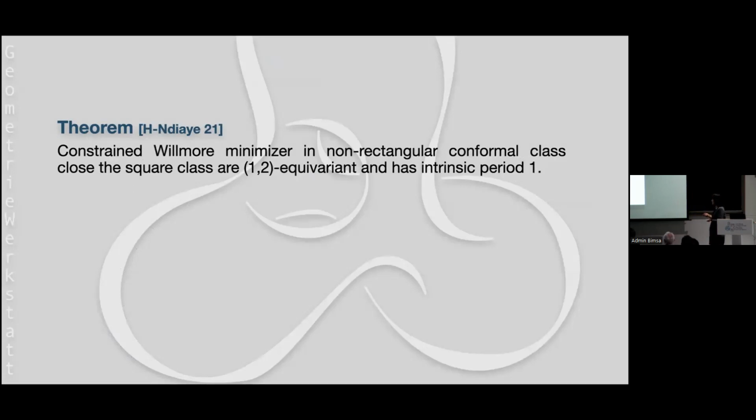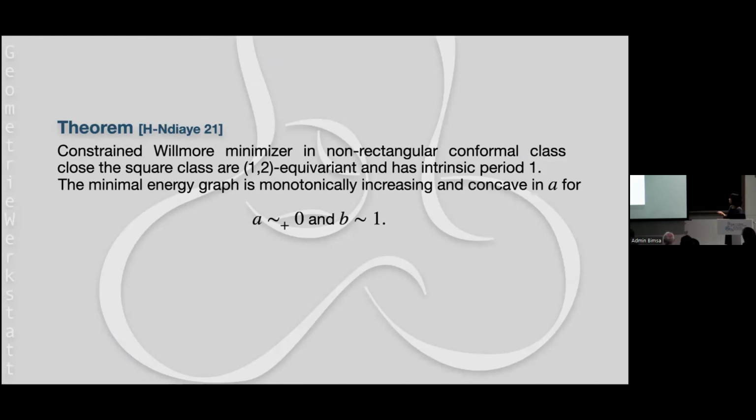The non-Hopf ones would be 1-1 equivariant, this is 1-2, and the Hopf two-lobe would be 1-1 and an intrinsic period 2, meaning the number of periods of the curvature till the surface closes. And here we have only period 1. We can write them down in terms of elliptic functions very explicitly. And moreover, we can show this concavity property where we can identify the minimizers.